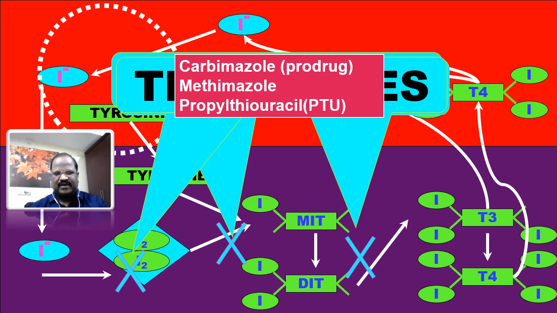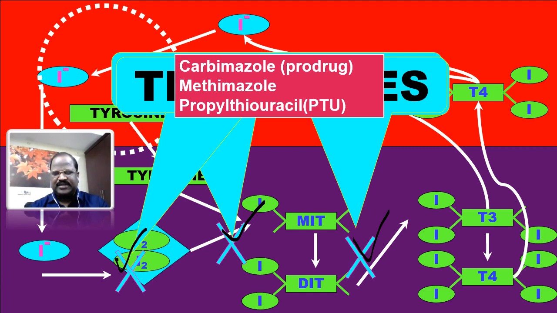How do they inhibit? Point 1: they inhibit various steps involved in synthesis of T3, T4. That means inhibiting iodide oxidation, that is, inhibiting the peroxidase enzyme. Second, they also inhibit organification, that is, inhibiting the formation of monoiodotyrosine and diiodotyrosine. Third, they also inhibit coupling of monoiodotyrosine with diiodotyrosine.